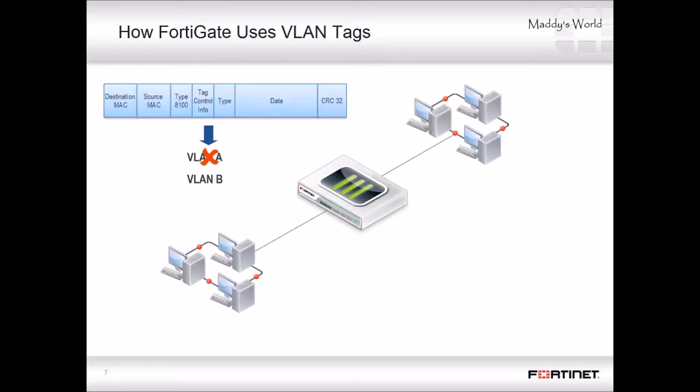Before FortiGate forwards a frame, if you've configured it, FortiGate will change the VLAN tag. This allows it to arrive at a destination that belongs to a separate VLAN. In contrast, if FortiGates were only a VLAN switch, it would not forward it to any other VLANs. The packet would be dropped.